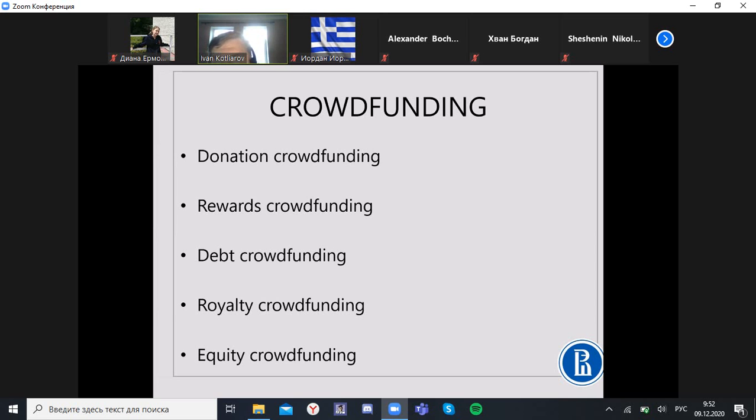Donation crowdfunding, what is it? Okay, it is a kind of donation. Rewards crowdfunding, it is a kind of pre-sale, so you pay in advance and you expect to get a product in the future. Debt crowdfunding is very similar to bonds issuance, a debt actually, a collective debt. Equity crowdfunding is very similar to IPO, if you have heard this term.